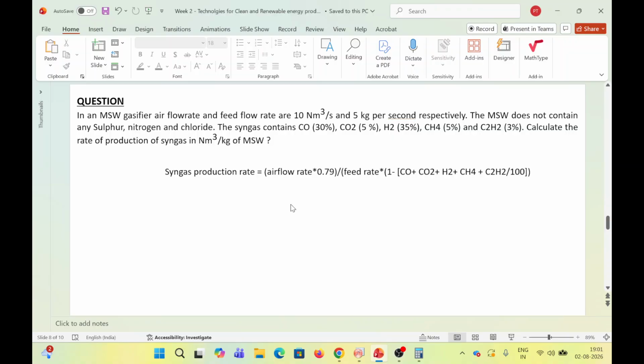So you have airflow rate, you have feed rate, you have the compositions of CO, CO2, H2O, H2, CH4 and C2H2. So just plug in the values from the given question and find out the syngas production rate. I have given the formula here, so you just need to substitute the values.